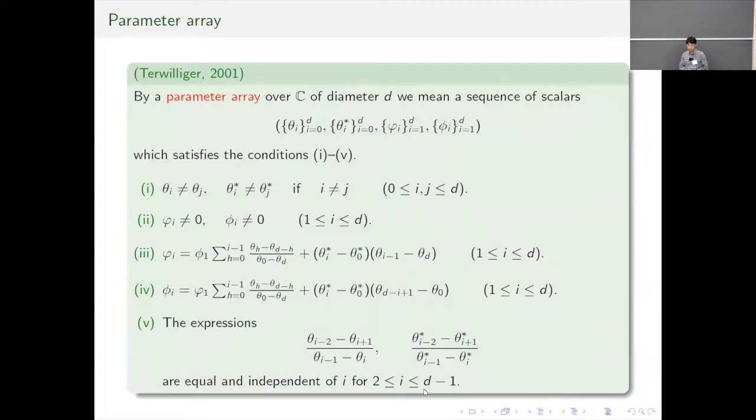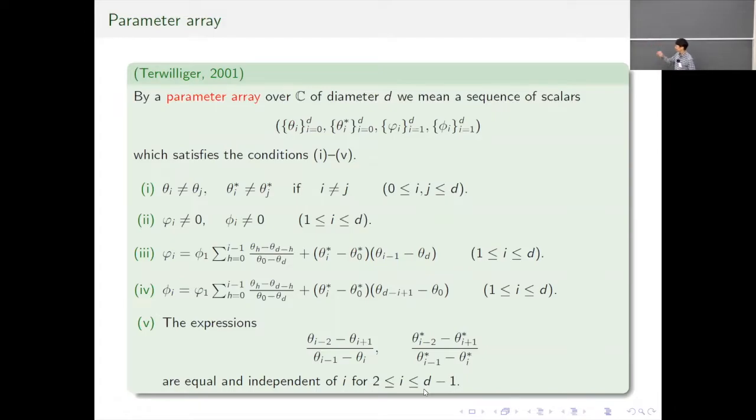That is just a sequence of scalars, theta_i, theta_i*, varphi_i, phi_i, satisfying these 5 conditions. The first condition means our scalars theta_i and theta_i* are mutually distinct, and varphi_i and phi_i are nonzero scalars. Condition 3 says varphi_i satisfies this quantity, and condition 4 says phi_i satisfies this quantity.